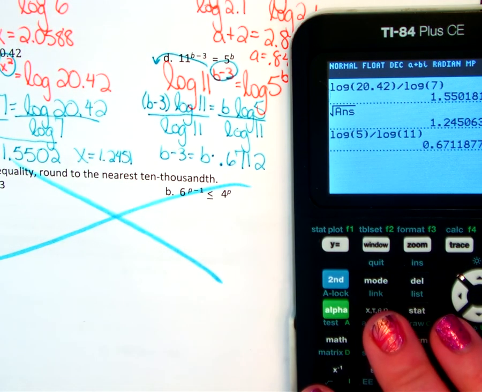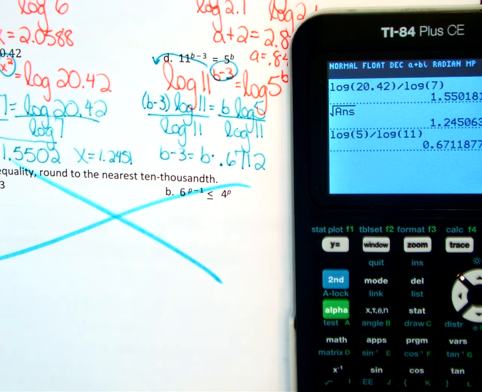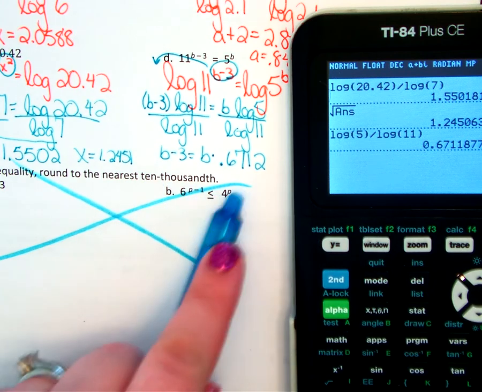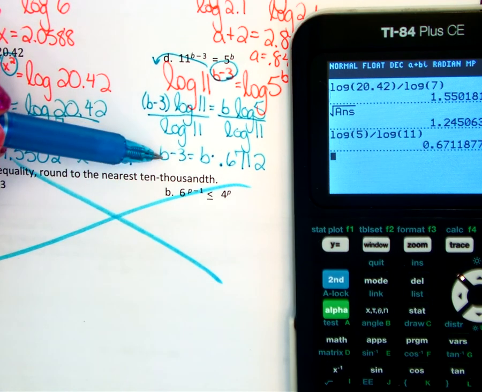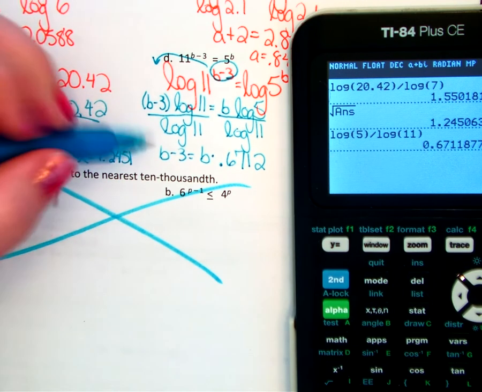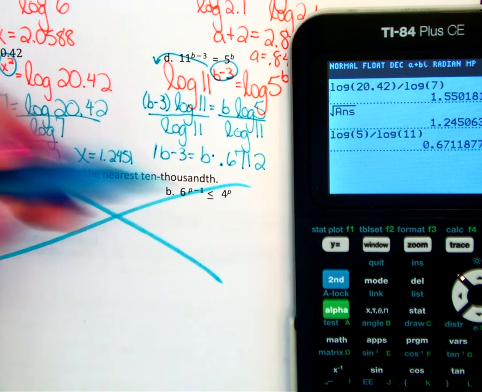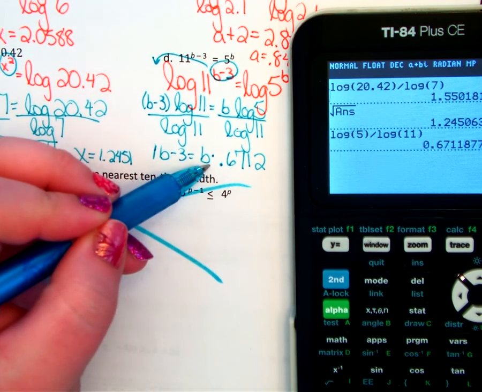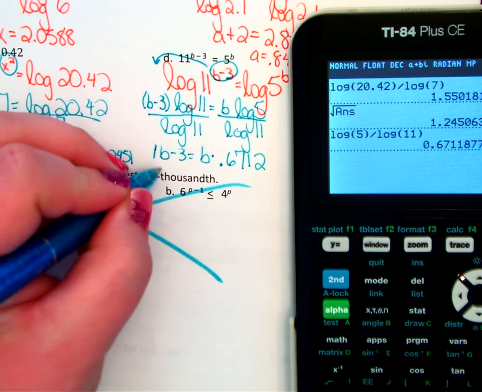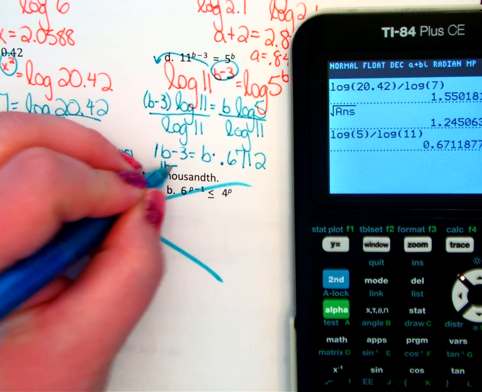But I'm going to keep that number in my calculator because I still have a little work to do with it. I need to get these b's together. I have 1b over here, and I have 0.6712 b's on this side, because that's really what this multiplication is saying.